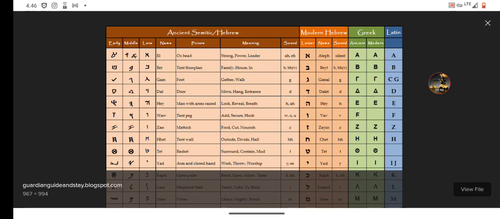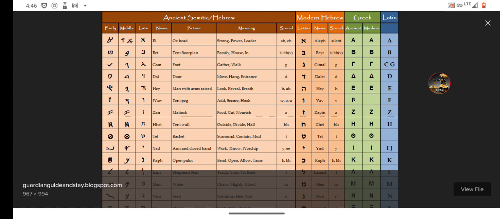Okay, the Paleo-Picto-Hebrew, right? This is the oldest form. It is a pictograph. The 5 principles of Paleo-Hebrew, we call it. El, Aleph.